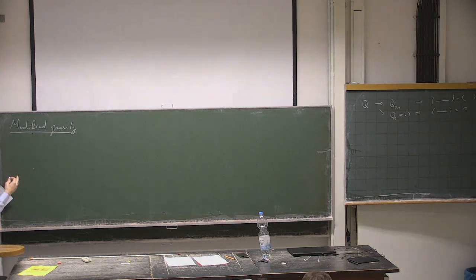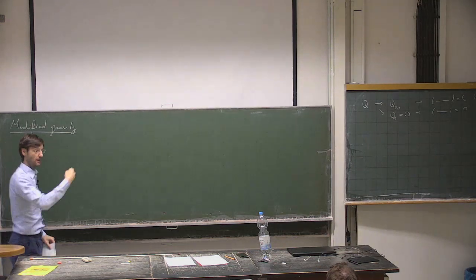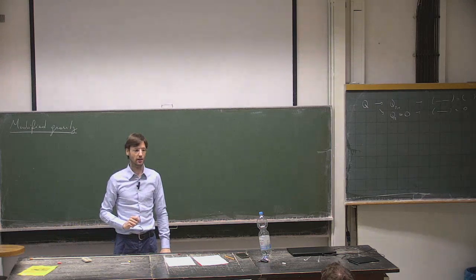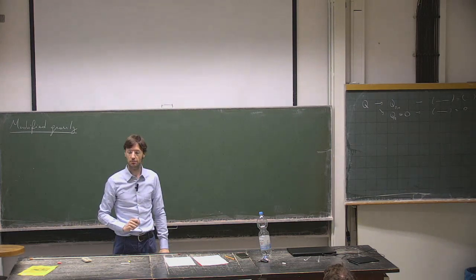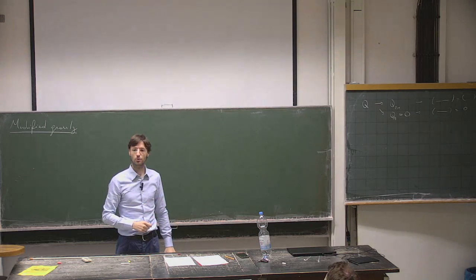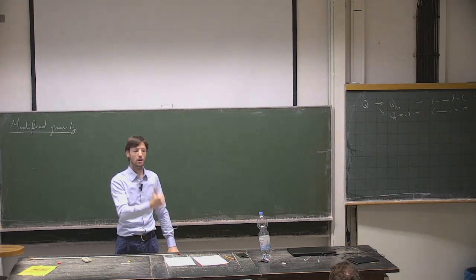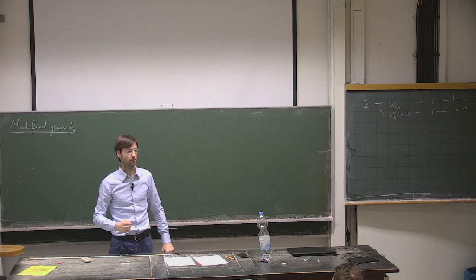That gives you a means to express modified gravities as a coupled quintessence model. And if you want, you can start with a coupled quintessence model that we studied so far and turn it into a modified gravity theory. Okay?